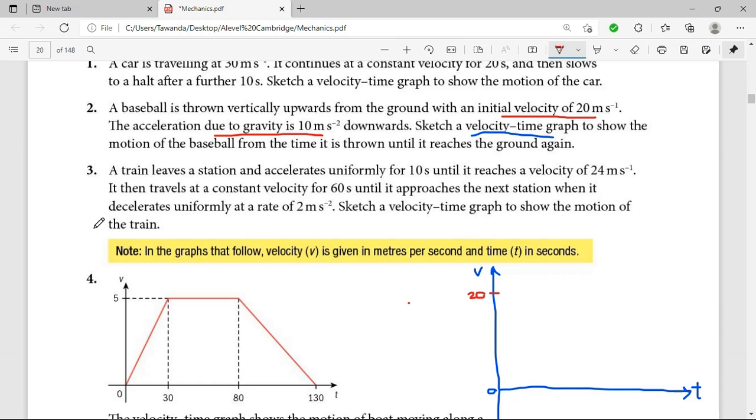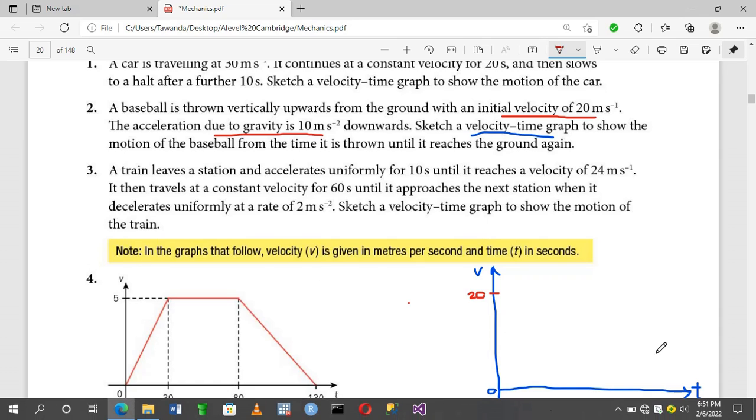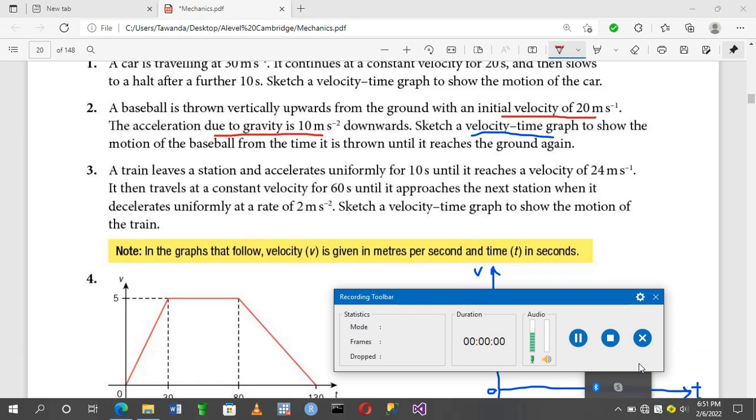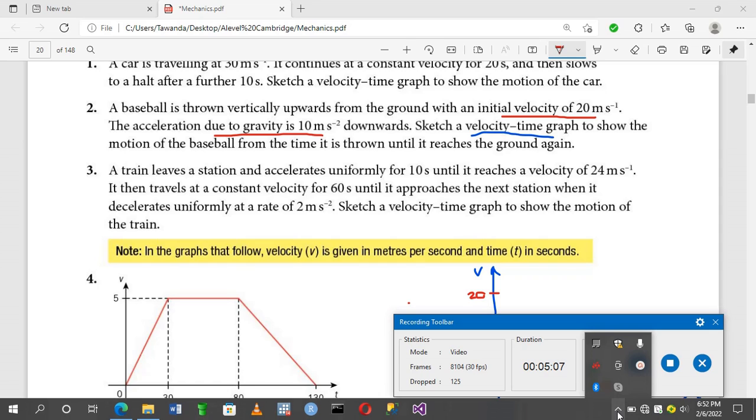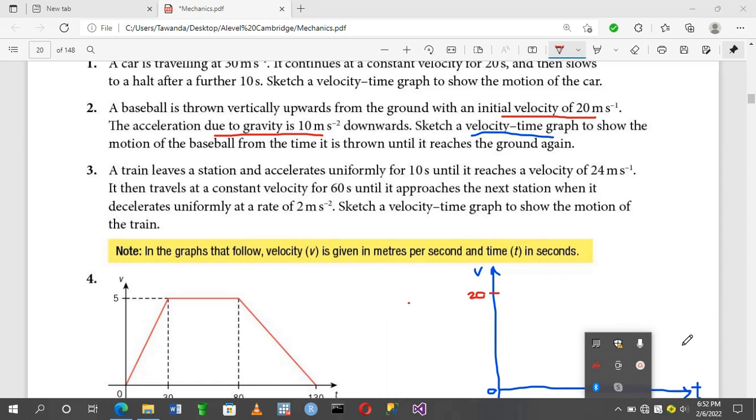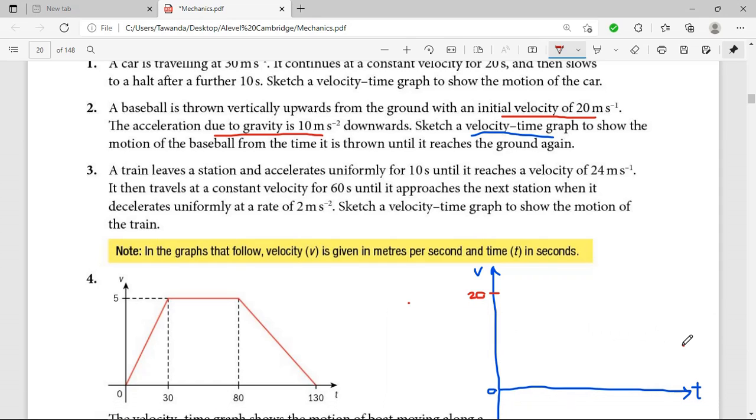If you throw a ball, that would be a projectile. We are going to observe a two-way motion: our velocity is going to increase and also decrease. So let's say this is a ball.